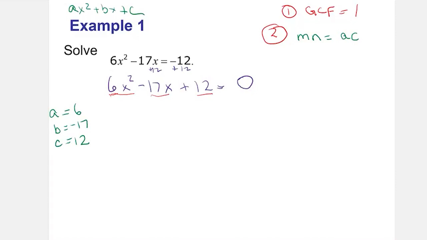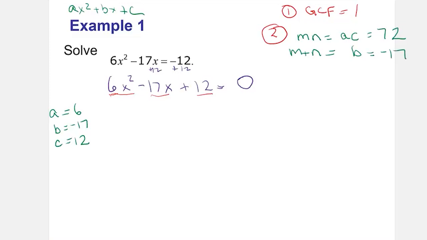So now I want two numbers that multiply together to give me A times C, and A times C is equal to 72. And whatever those two numbers are, when I add them, it has to equal B, and B is negative 17.